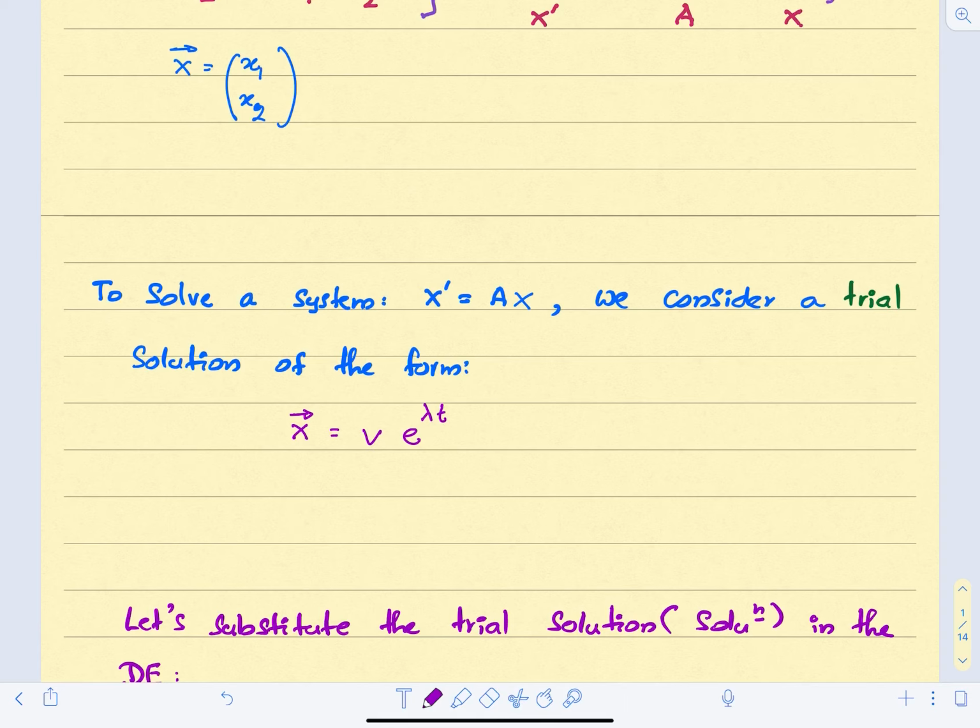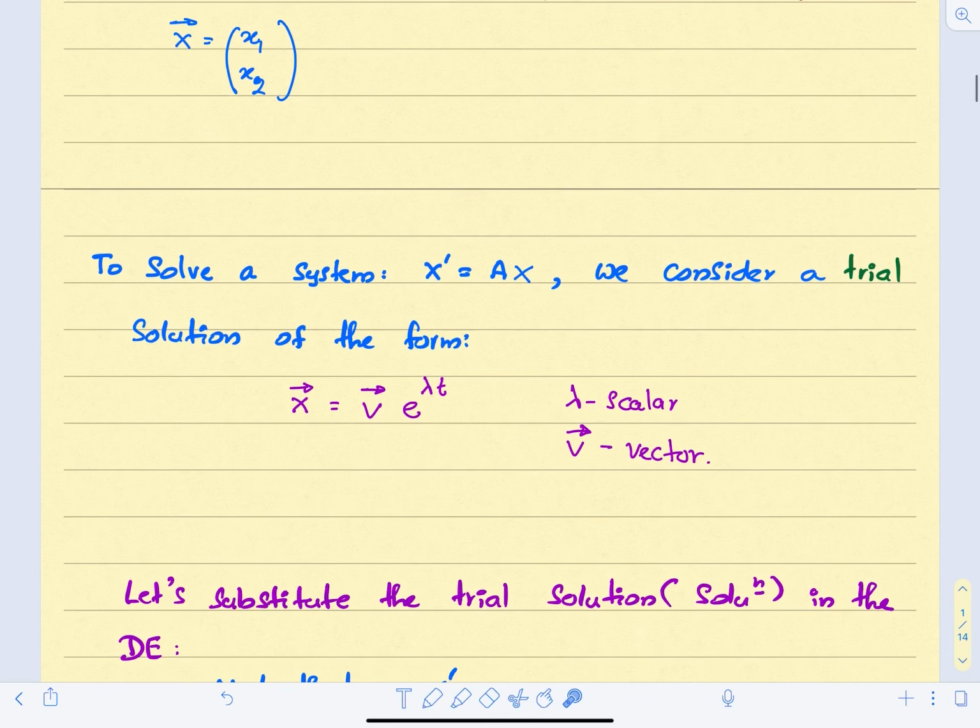So let's multiply this scalar function e to the lambda t by vector v. So this is our trial solution. Here lambda is a scalar, v is a vector, and the dimension of this vector v is the same as the dimension of vector x. In other words, if vector x is a 2x1 vector, then vector v is also a 2x1 vector. Okay, so this is our candidate solution.